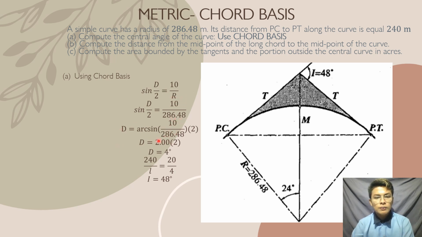Use cross method, D is equal to arc sine 10 times 2 divided by 286.48 times 2. Then we will get D is equal to 4 degrees. So using the formula earlier, LC over I is equal to 20 divided by 4. So I is equal to 48 degrees.